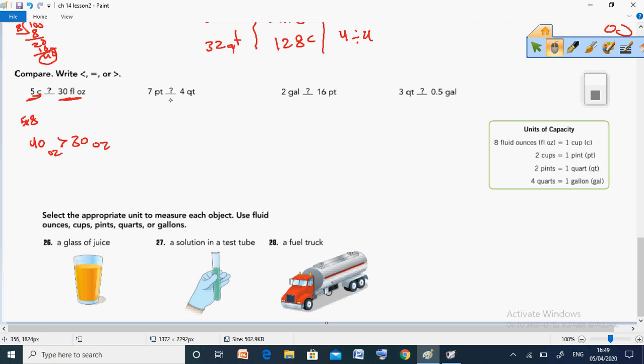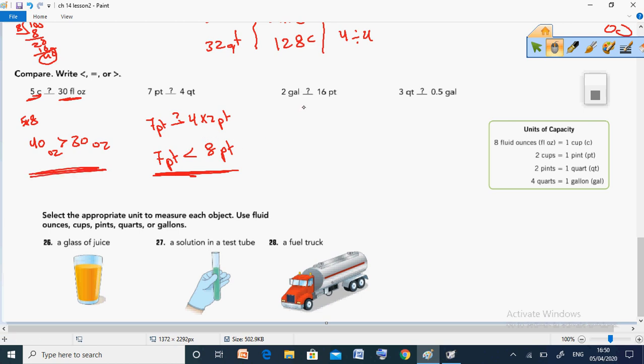But here I will take the bigger one because it's easy to convert from bigger to smaller because we will multiply, we will not divide. So which one is greater, pints or quarts? Quarts is greater than pints, so I will multiply. 4 times 2 is 8 pints, 7 pints less than 8 pints. Okay?